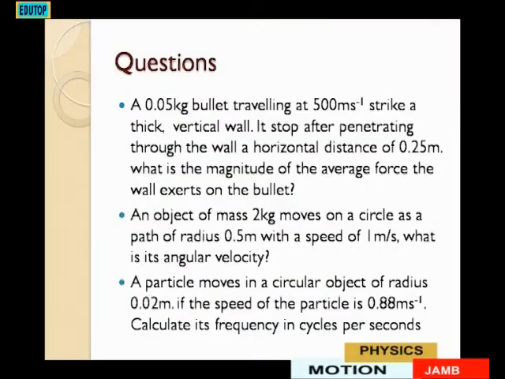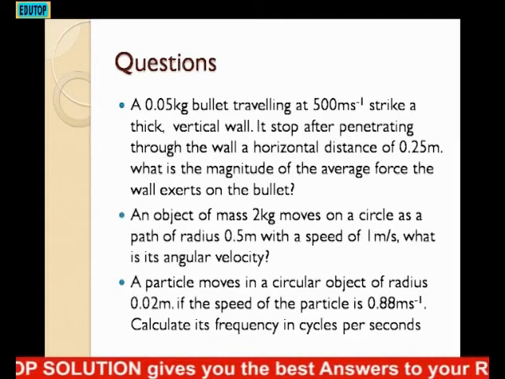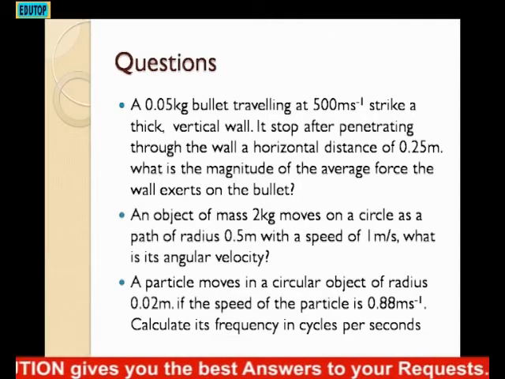Question number 24 says a 0.05 kilogram bullet traveling at 500 meters per second strikes a thick vertical wall. It stopped after penetrating through the wall a horizontal distance of 0.25 meters.